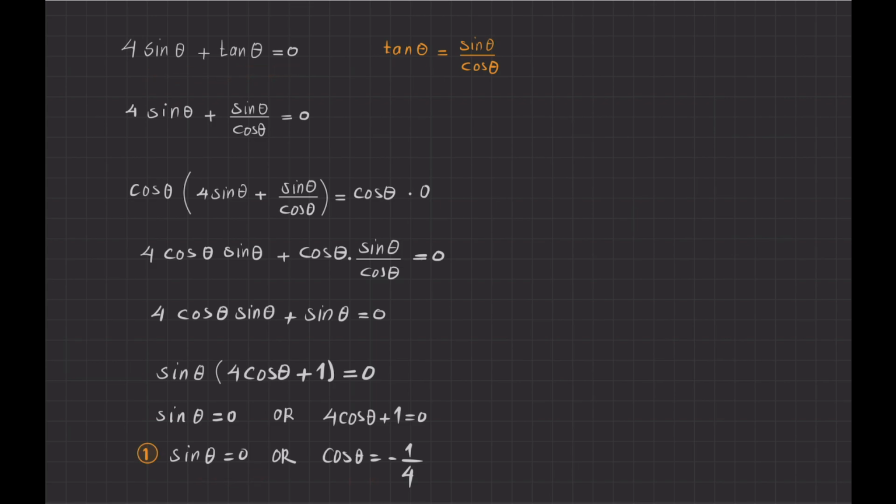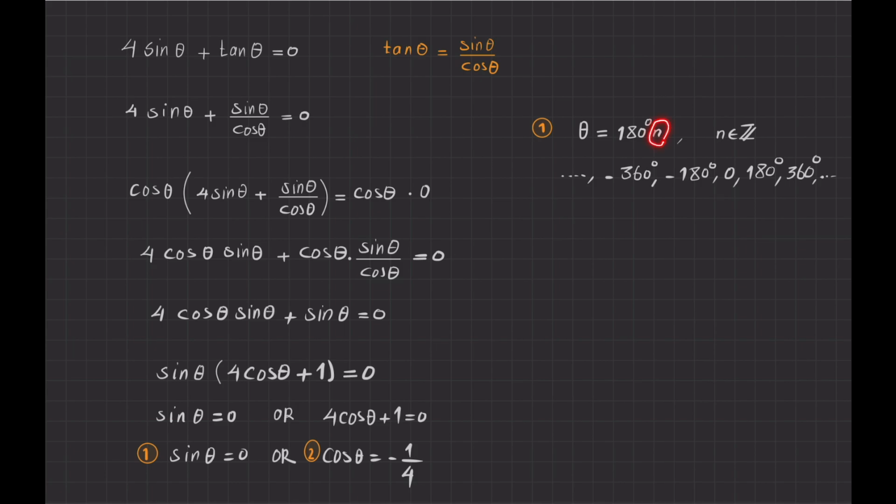So let me number them: this is equation number 1 and that is equation number 2. Let us concentrate on equation number 1. You know that if sine theta is equal to 0, then theta is a multiple of 180 degrees, an integer multiple. If I start plugging the integer numbers in, I get the following list of angles.